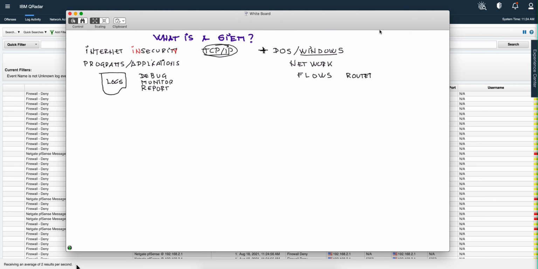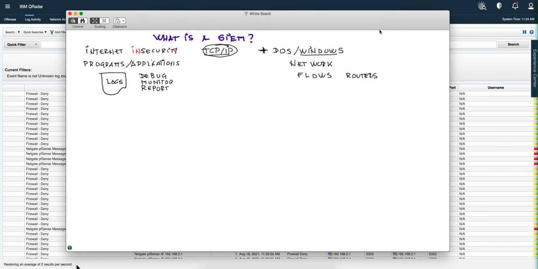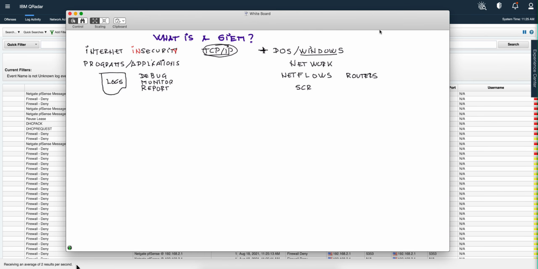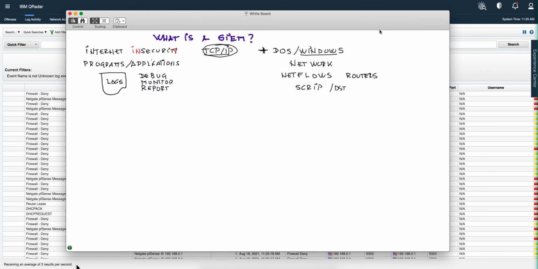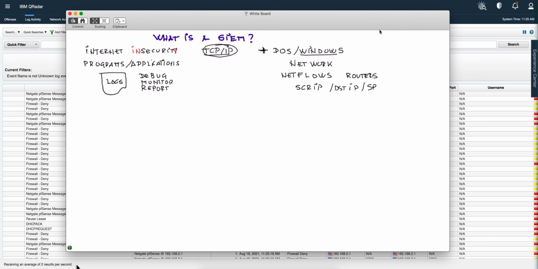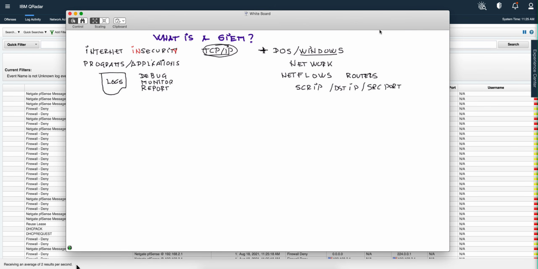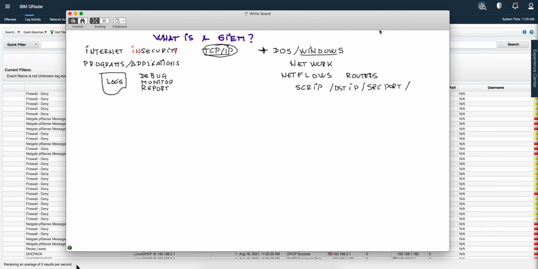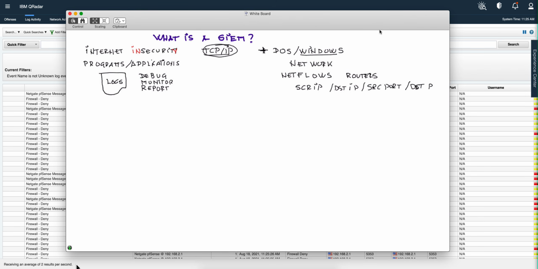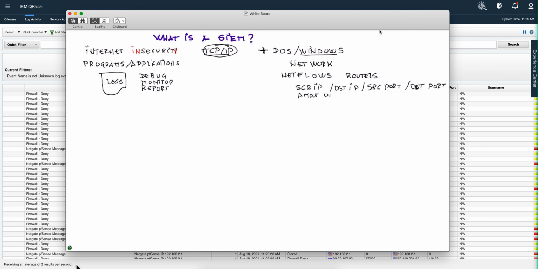When they were creating the routers, they created something called flows, or more properly known, NetFlows. And again, security wasn't the main concern at all for the information in there, but it was things like the source IP of this packet, the destination IP, the source port, and that was important because different applications use different ports, the destination port, and the amount of data being transferred both on the receiving end as well as the sending, right?